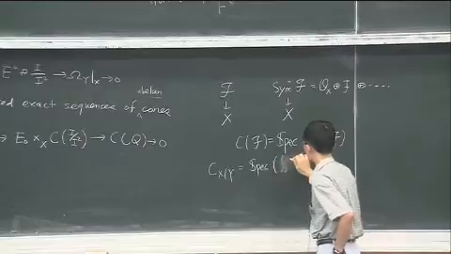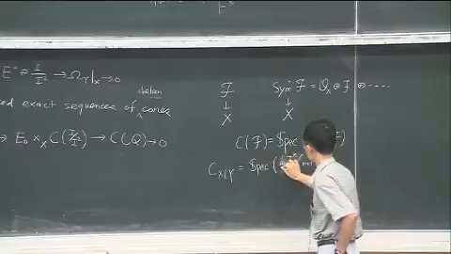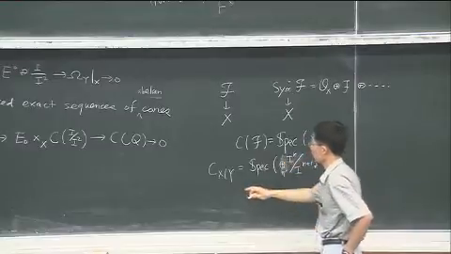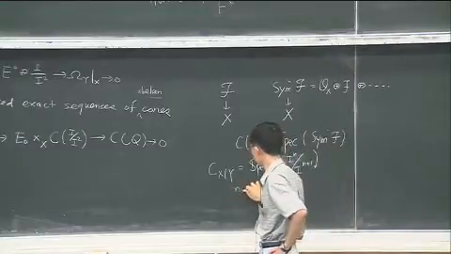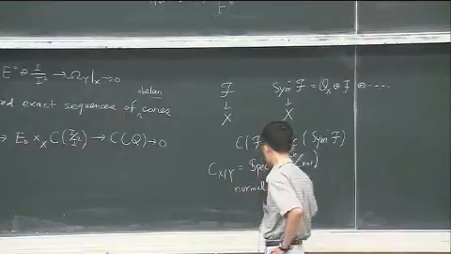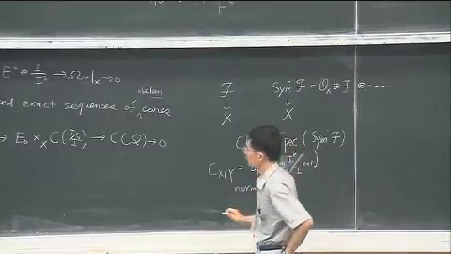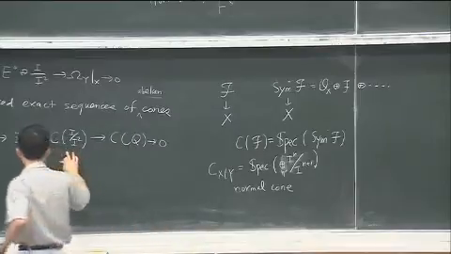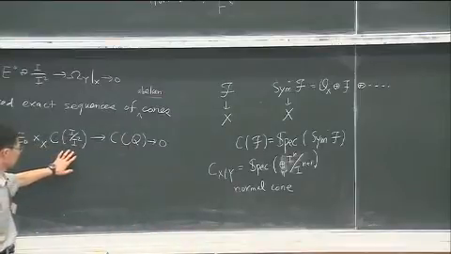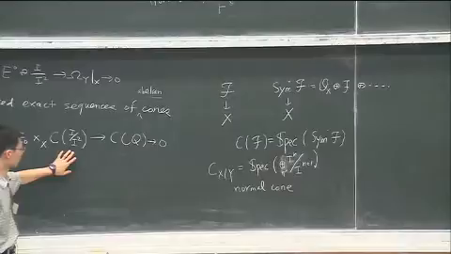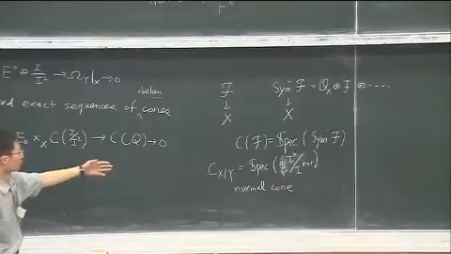Maybe I'll just write this: the sum of I^n over I^(n+1). So this is usually what is called the normal cone. In Kai Behrend and Barbara Fantechi's terminology it will be called the abelian hull of that cone.